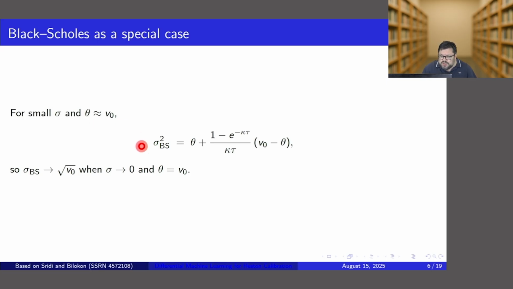In the limit, as sigma tends to 0 and theta equals v0, sigma Black-Scholes is going to be the square root of v0. This tells us that for some parameter settings, Heston reduces to behavior close to Black-Scholes, meaning the labels and gradients will reflect that limit.